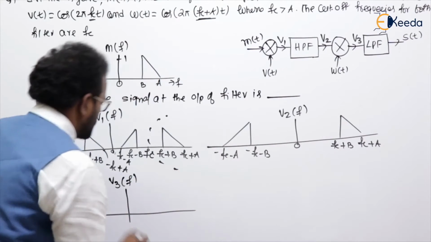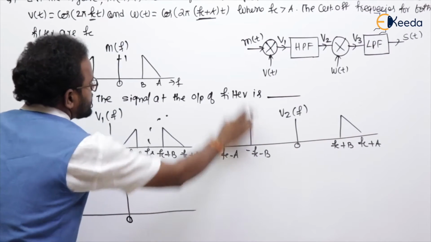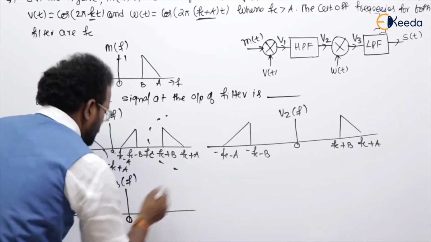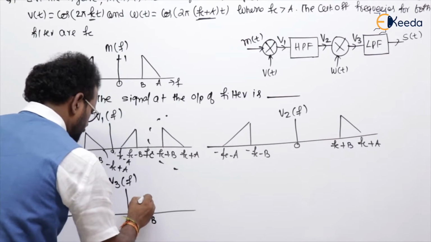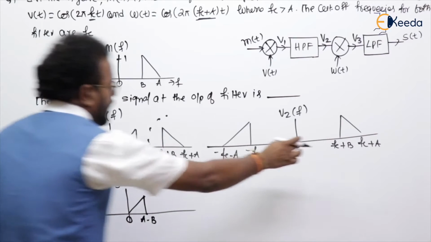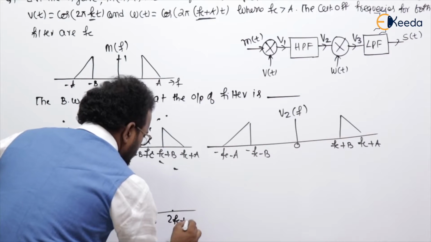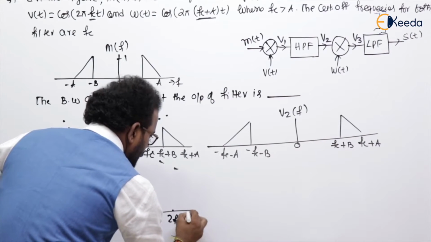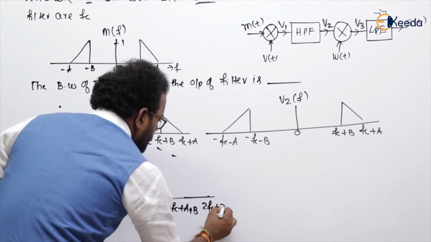Minus a plus a, cancelled, 0. Next, minus fc plus fc cancelled, a minus b. A is larger, so a minus b. Next, fc plus fc, 2fc, a plus b. Next, fc plus fc, 2fc, a plus a, 2a.